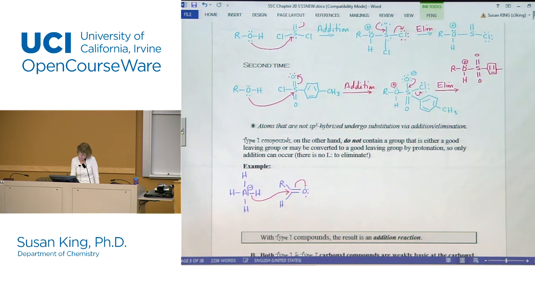We kick electrons up onto oxygen, just like that. And that, of course, is addition, which I'll just abbreviate with add. And we get a tetrahedral intermediate.